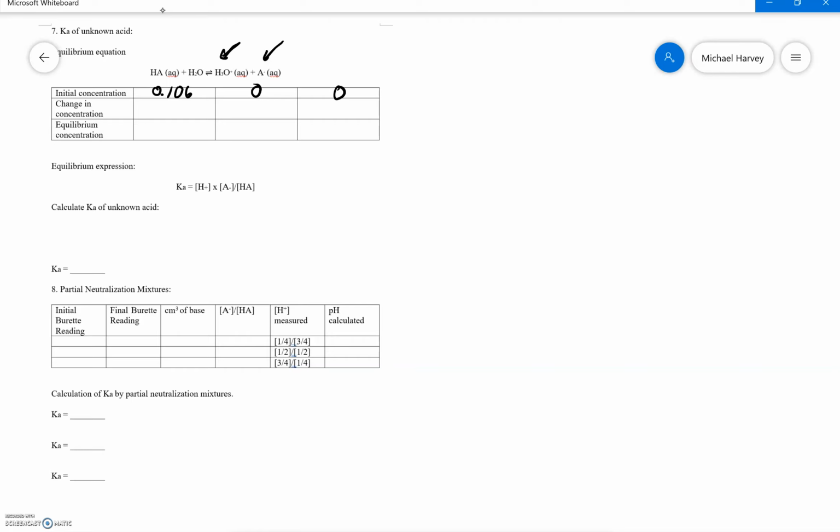So the way we work out the change in concentration is first work out the concentration of the hydronium ion. Okay, so what is the concentration of the hydronium ion? Well, luckily enough, we measured the pH, so it's going to be equal to 10 to the power of the negative pH, which we calculated at 3.2.